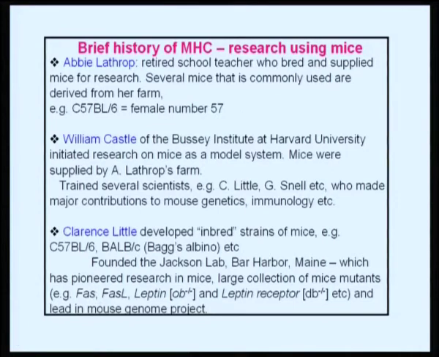Mutations in Fas and FasL result in severe problems, and we will be studying this in subsequent classes. Leptin and leptin receptor are important in satiety, the feeling of satisfaction after food, and weight control. These were all discovered at the Jackson Laboratory.